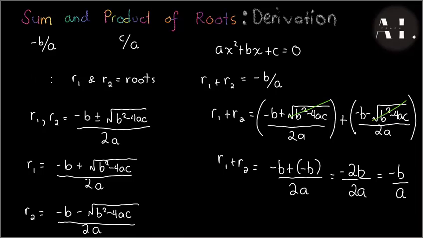Now, for the product of the roots, let us use again r sub 1 and r sub 2 and our quadratic formula. Let's change this as r sub 1 times r sub 2, but this one is equal to c over a.